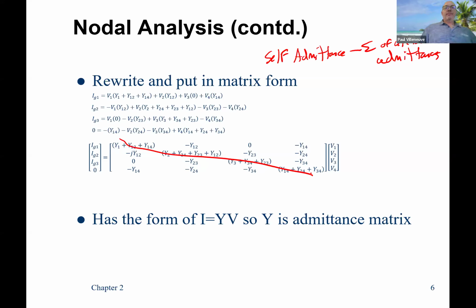Now, the off diagonal, sometimes called the transfer admittance, is the negative of the actual admittance between buses.